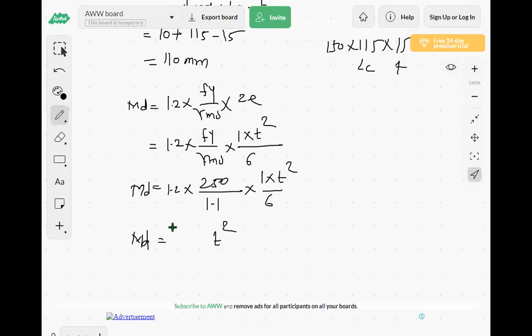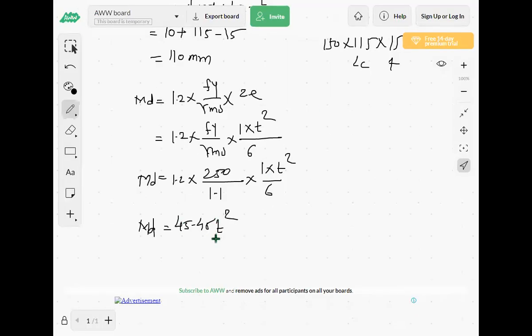It is 45.45, so this value is 45.45 t square.